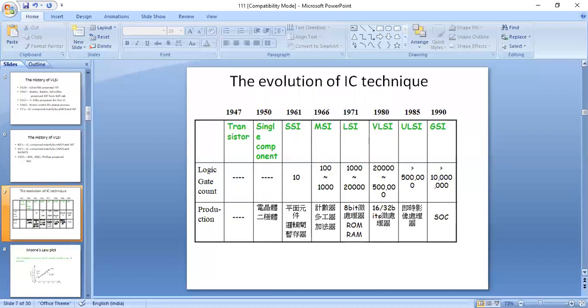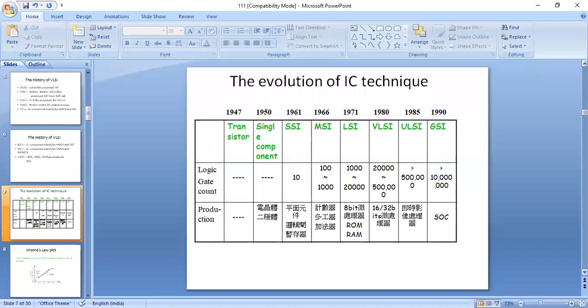Next we'll move into LSI, large scale integration. It was launched in the year 1971. For this LSI, we can accommodate 1000 to approximately 20,000 transistors or logic gates.